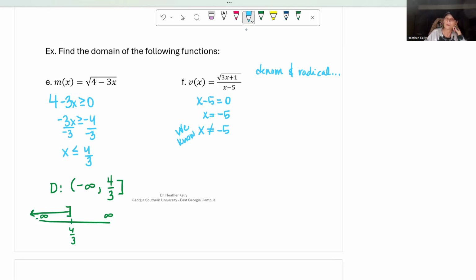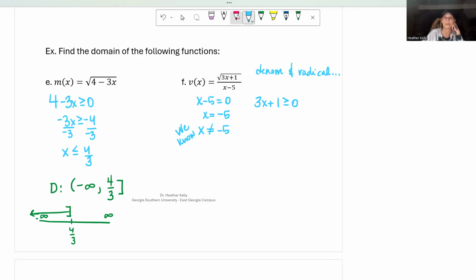And then when we deal with this radical here, we have 3x plus 1 has to be greater than or equal to 0. It's okay if it's greater than or equal to 0 because 0 is an okay number. Anything over 0 is bad.